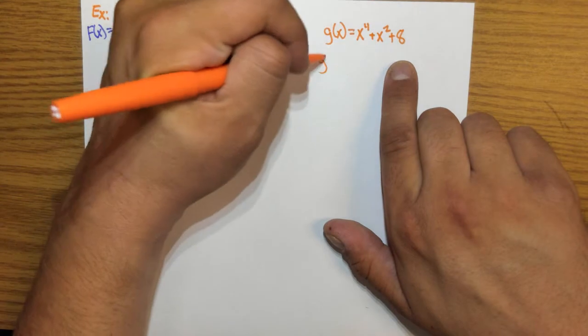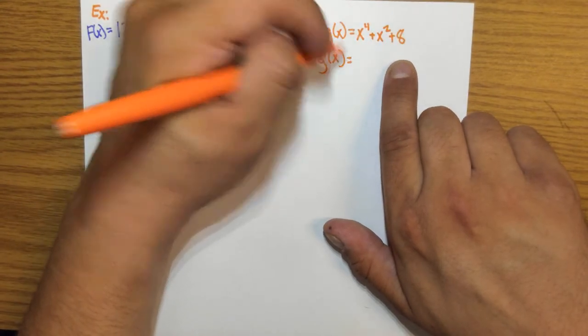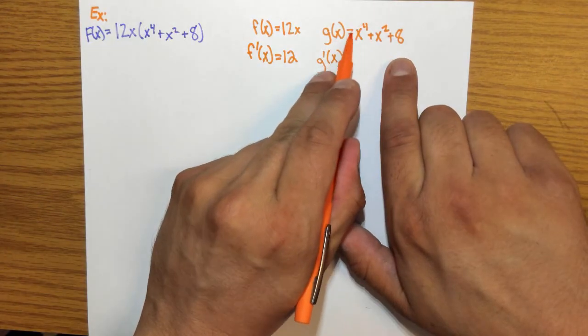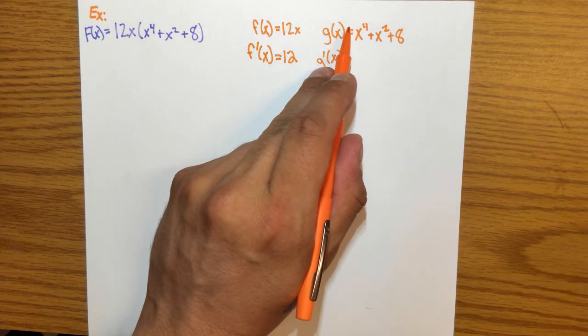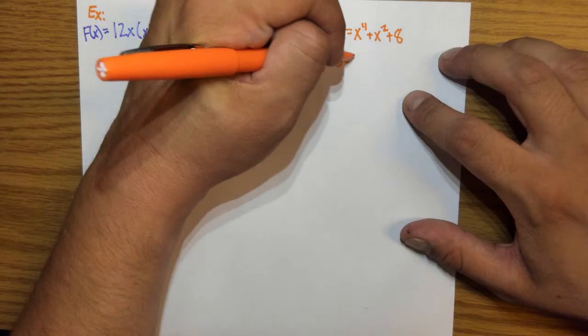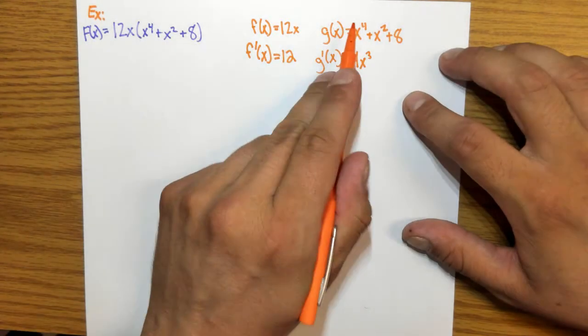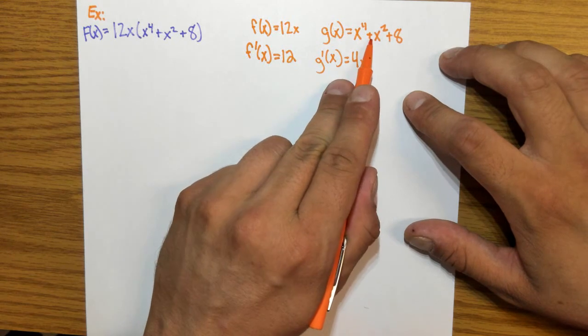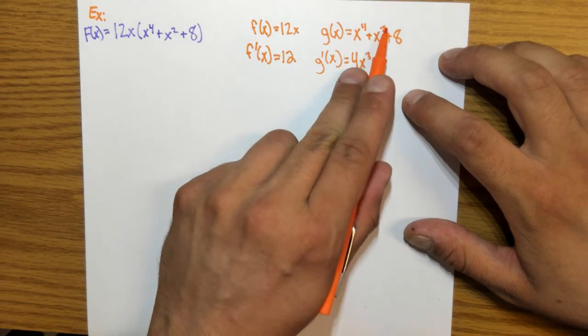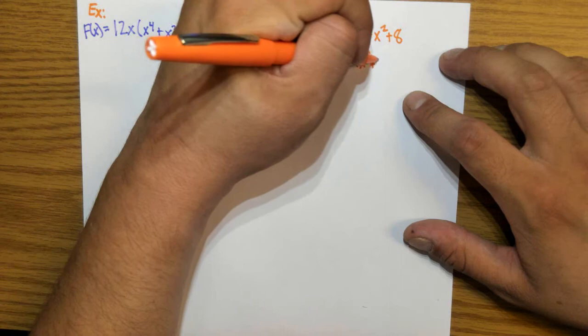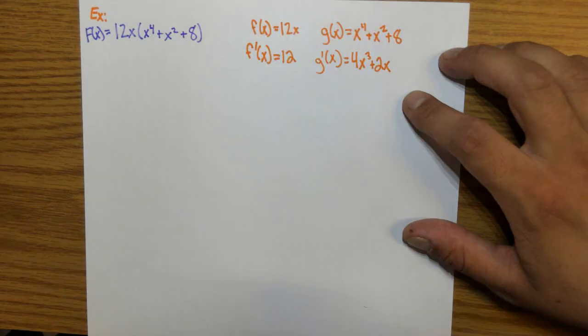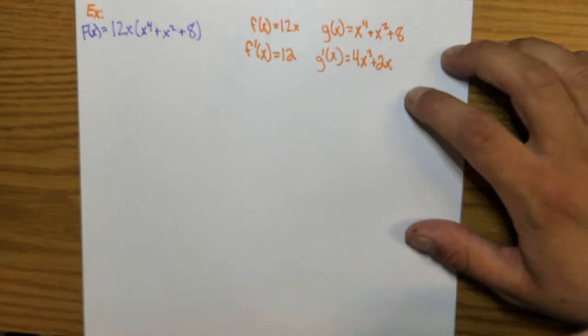G prime of x is going to be, let's see, 4. We multiply it to the coefficient of this. The coefficient is just 1, so it's just going to be 4x. So 4x cubed, because the power goes down 1. And then this, multiply the 2 to the coefficient. The coefficient is just 1, so it's just going to be 2x. And the power goes down, so it's just 2x. And then the 8, the constant goes away.